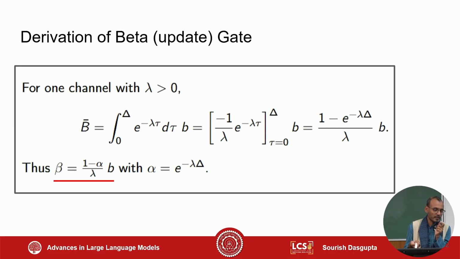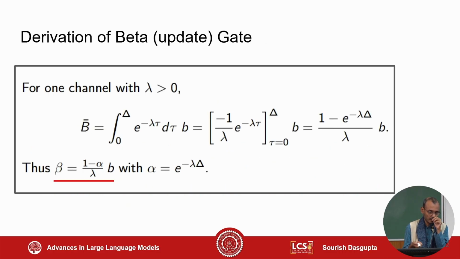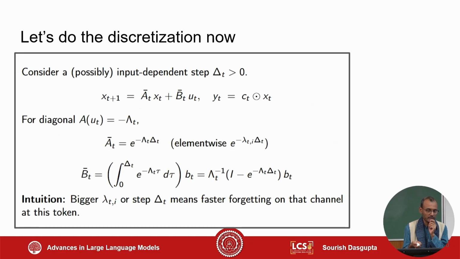So that is how you get that update gate beta, 1 minus alpha by lambda. That is how you get that equation. So it's basically derived from the alpha only, and the Duhamel's form, the closed form, the discretized form over here, the bar B.